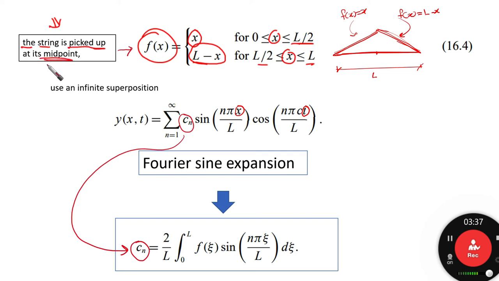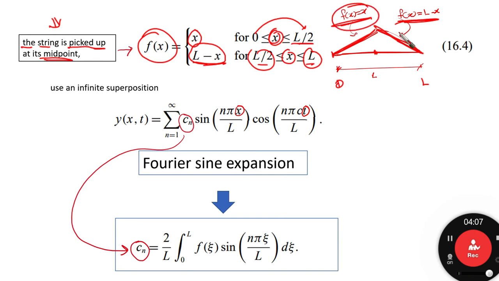As I said before, we have an interval from 0 to L, the distance L here, and from 0 to L over 2 we have x, and whenever we are in the part from L over 2 to L, it is going to be L minus x. So we have two intervals inside our closed interval, one of x and one of L minus x.